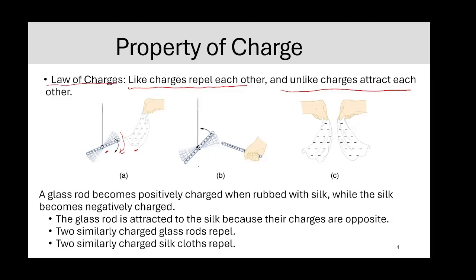In the second image here, there is a positively charged rod, and when we bring this positively charged rod close to the other positively charged rod, it repels it and causes a rotation in the other direction. Similarly, if we bring two negatively charged silk cloths together, they will repel each other.